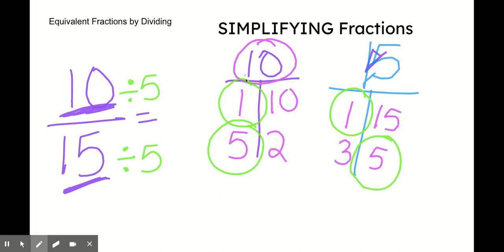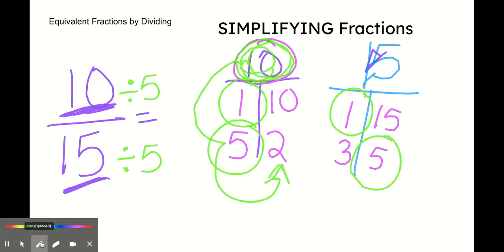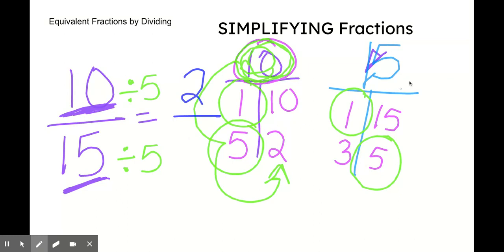Well, we just made our list, so you know how to divide. So what's 10 divided by 5? That should give me the answer right here, which is 2. Okay? And then what's 15 divided by 5, which is 3.